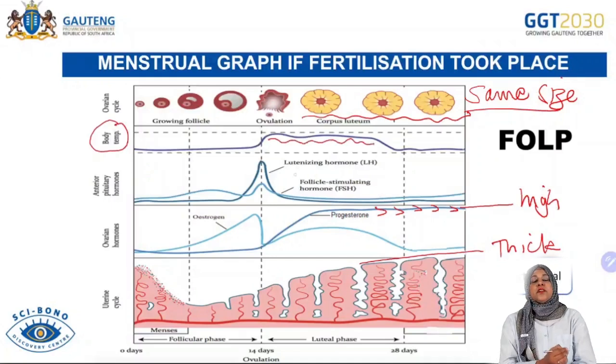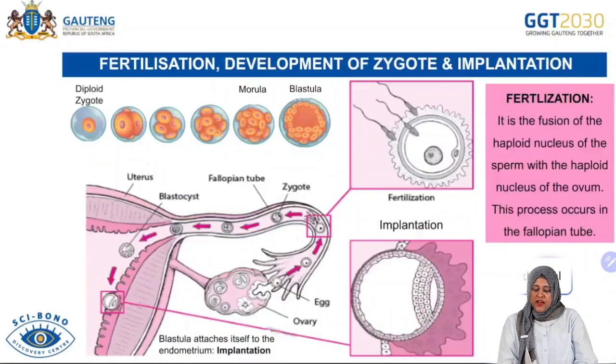Now, if there was a fertilization as we saw in the previous slide, let's look at this. There's your ovary and it releases an ovum, and this ovum is traveling along the fallopian tube. Then sperm is inserted here into the vagina, and the sperm travels along the fallopian tube. By chemotaxis, the sperm will sense by chemicals where the ovum is, and it will swim towards the ovum.